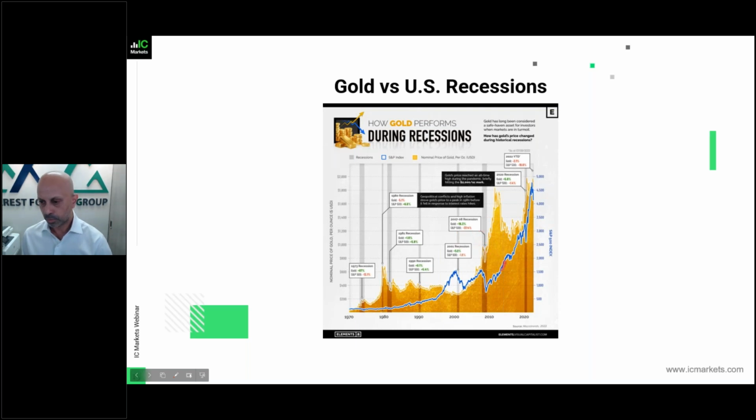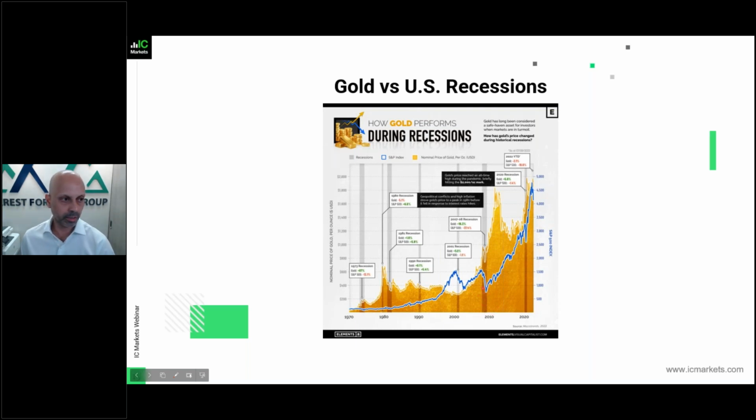Similarly, in 2008, we had gold prices rise into the start of the recession. And then when equity markets peaked and started pulling back drastically, gold prices surprisingly also started falling. So you can see in this chart, the price of gold and the S&P 500 bottomed around the same time, right?